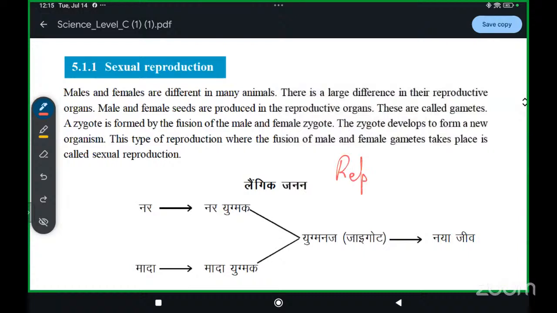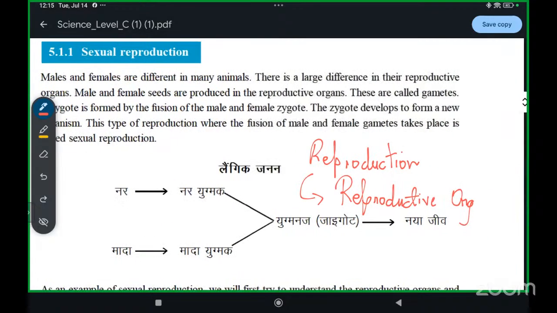For reproduction to take place, what is responsible are our reproductive organs. In the male species and female species of any type of organism, reproduction takes place with the help of reproductive organs.